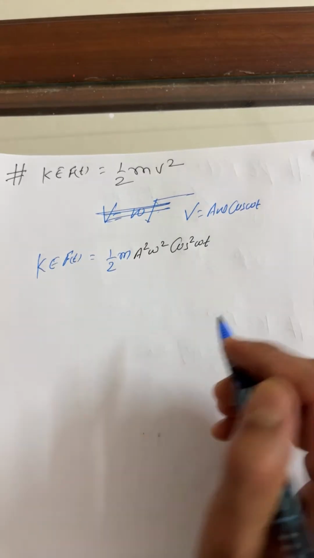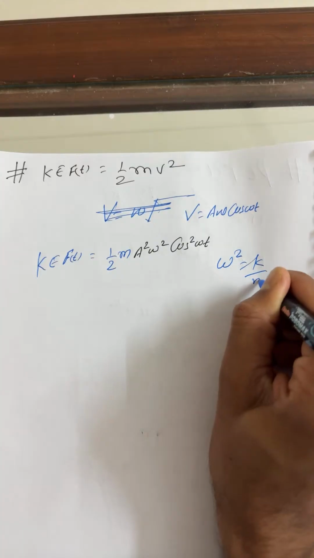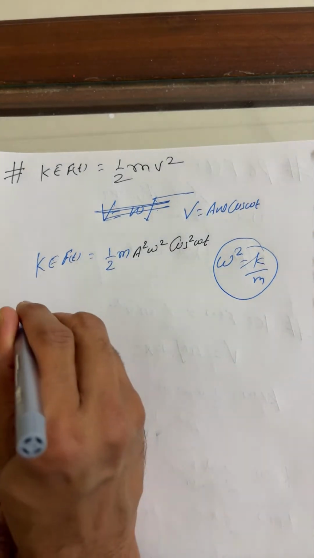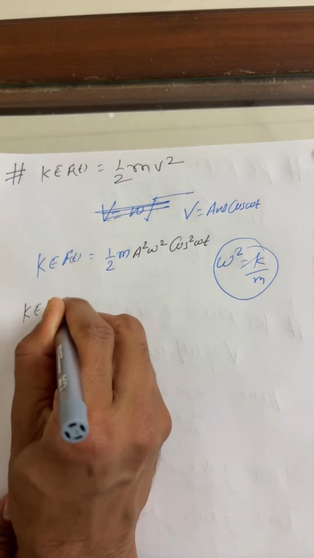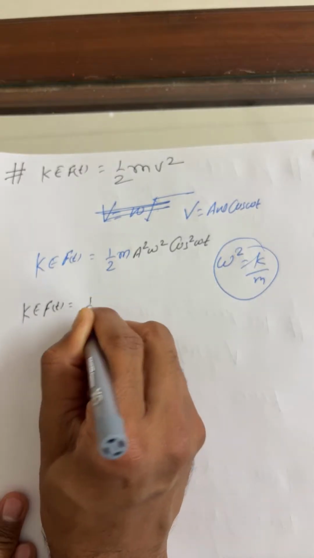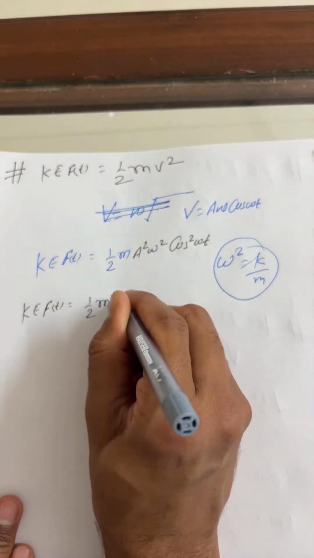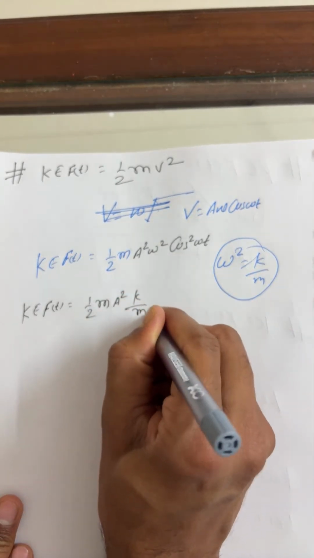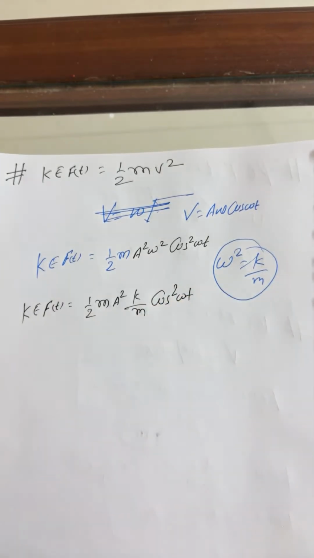Omega squared you can use, students, which is equal to k upon m. So this is kinetic energy as a function of time t. You can write half m a squared omega squared, that is k upon m, into cos squared omega t.